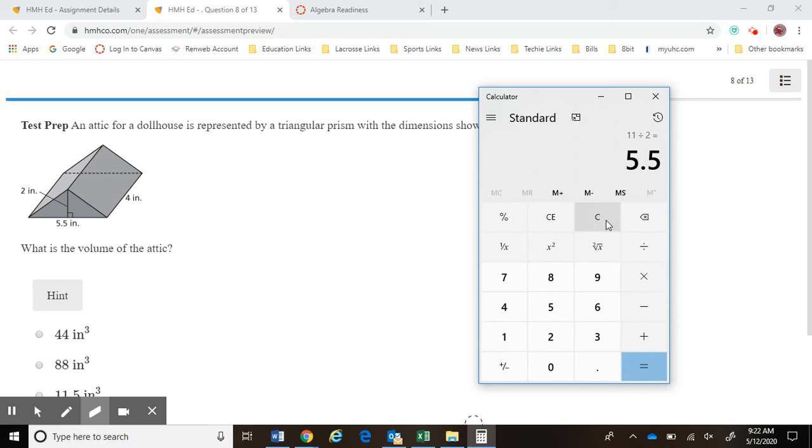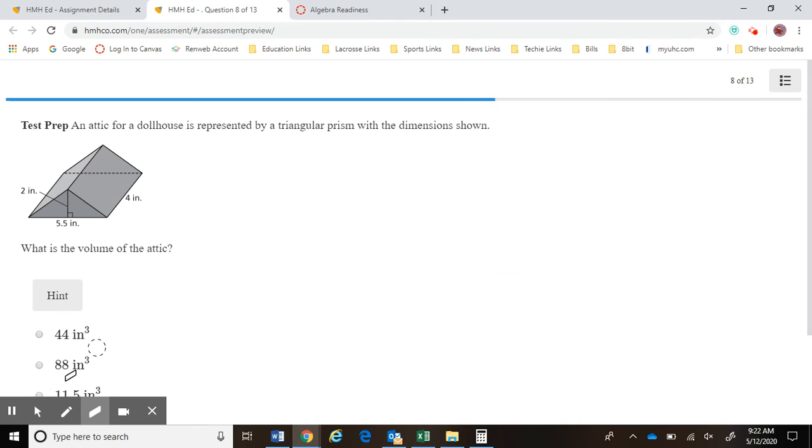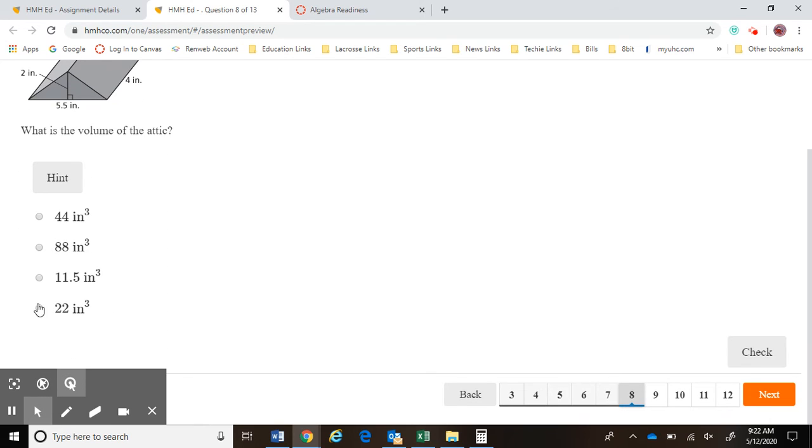And then we multiply it times the height of the prism, or really the thickness, times 4. Whoops, did the wrong button there. Let me start over. 5.5 times 2 divided by 2, and then multiply it times 4, and we get 22, which should be one of the answers here. And there it is.